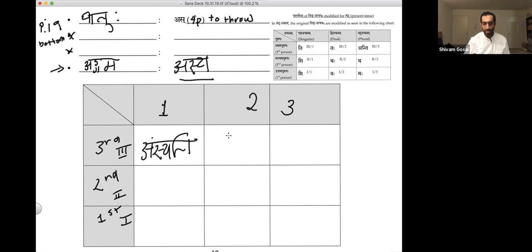I'm adding taha. Try now to look at the top right. I'm giving you a little help, but try to not look at it. Asya, taha. You're going to help me with Uttama Purusha, so just get ready for that. Asyanti, so asya plus anti. The second akara eats the first akara, so we get asyanti.